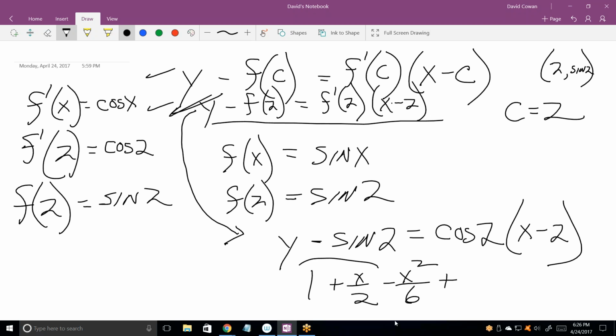But these first two terms are what we're looking at, basically. In other words, this tangent line approximation, or what they call the linearization of a function, is really just the beginning of the infinite series process, which is kind of interesting.